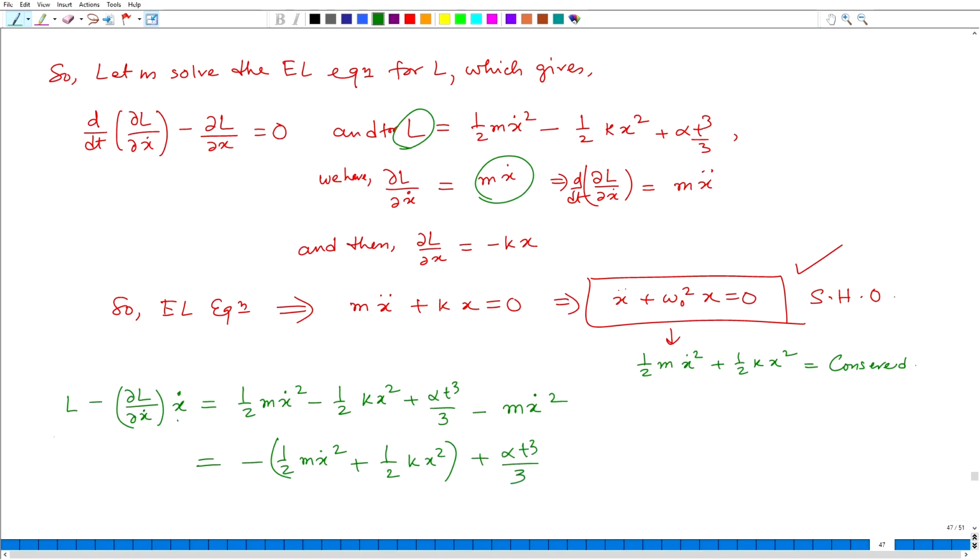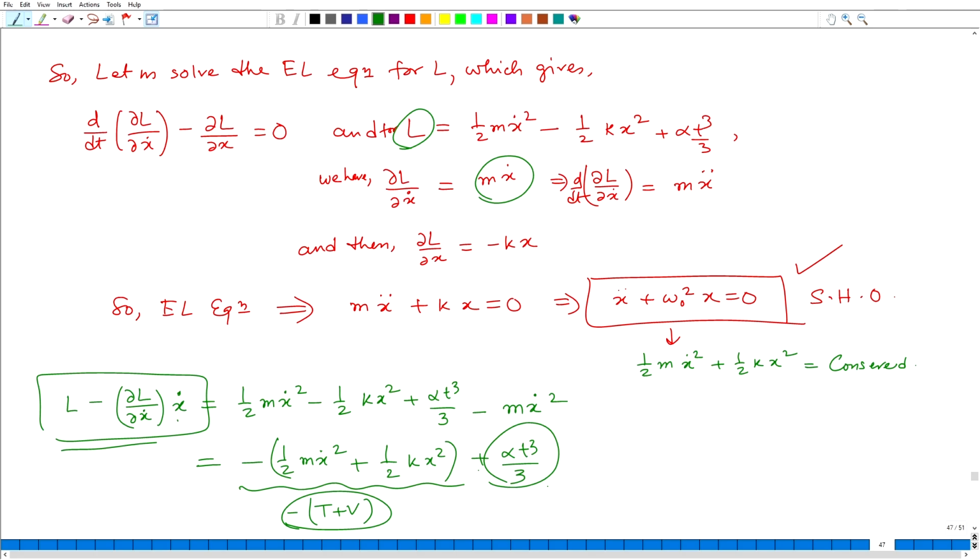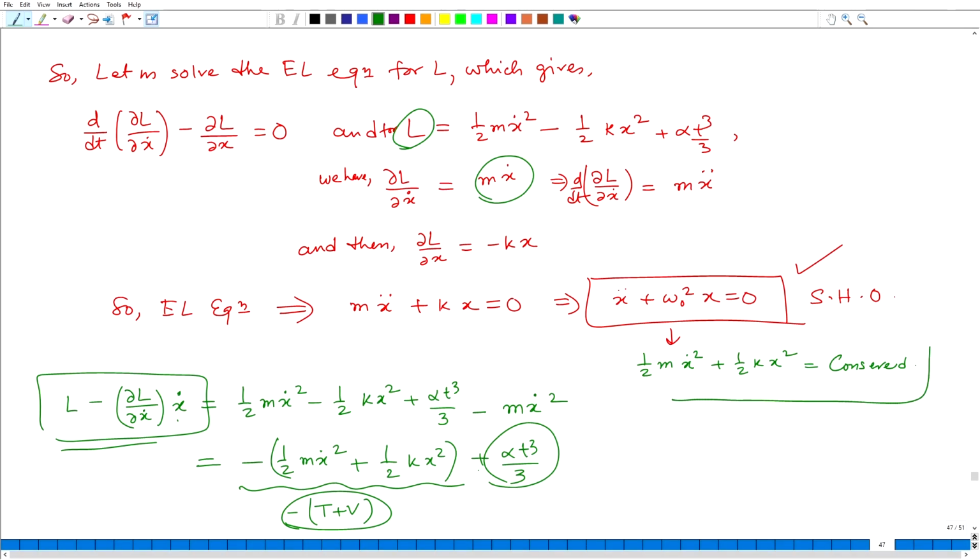Now, you see that this expression is no longer equal to minus of T plus V, but it is now minus of T plus V plus something else. And that is the solution of the confusion. The Lagrangian actually gives a system which is a simple harmonic oscillator. Now, that system has a conservation, that is this conservation, okay.